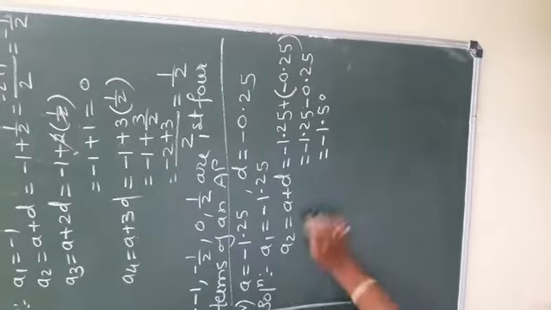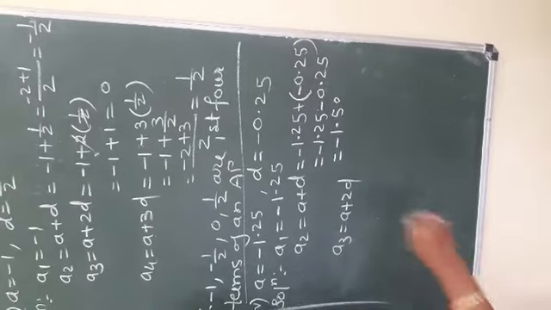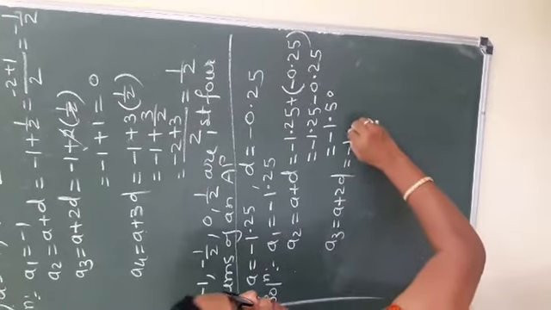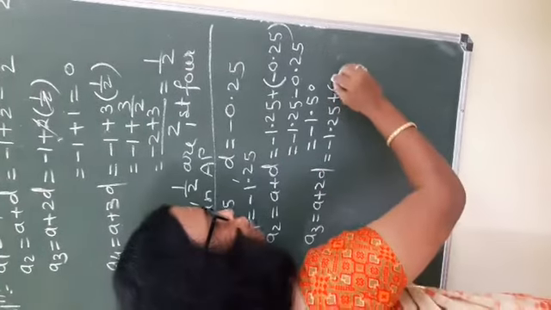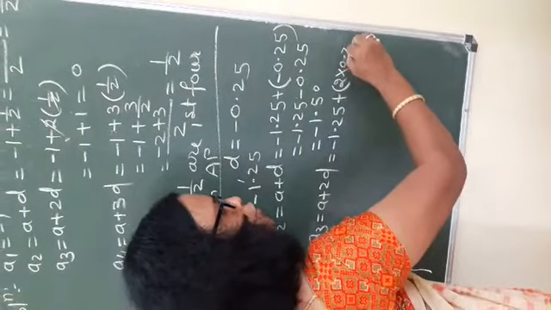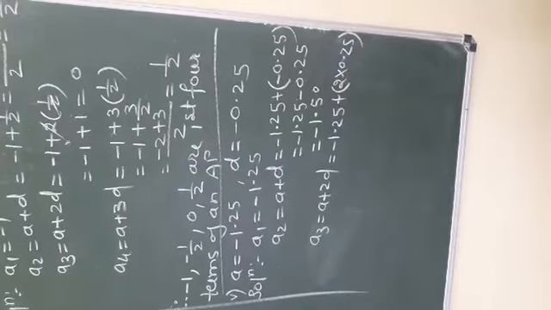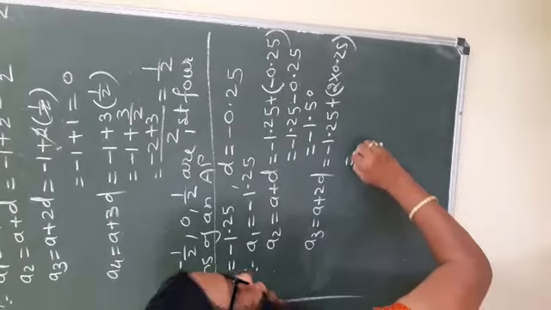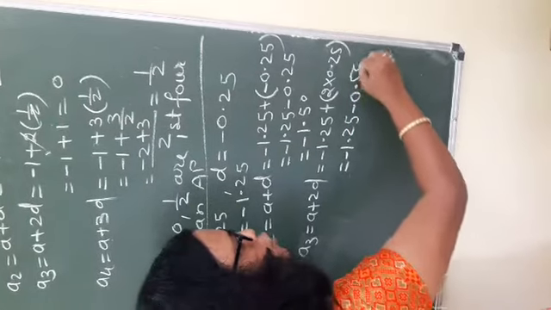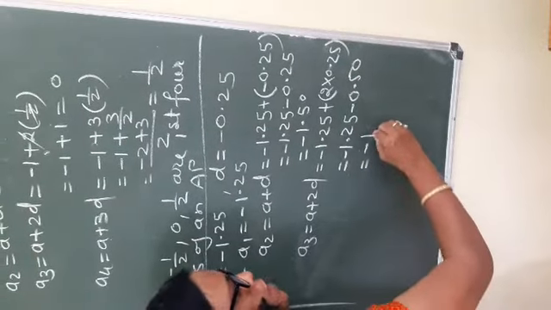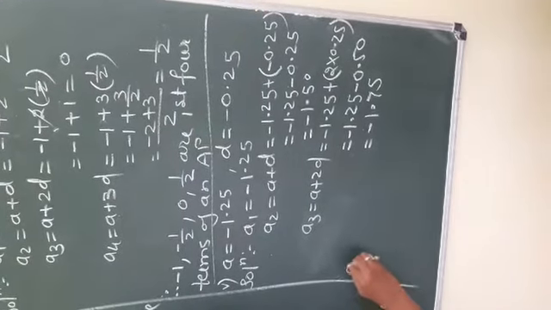This is the second term. The third term A3 is equal to A plus 2D. So A is again -1.25 plus 2 multiplied by 0.25, and 2 multiplied by 0.25 is 0.50. So you will get -1.25 minus 0.50, which is -1.75. Okay, so what is your fourth term?